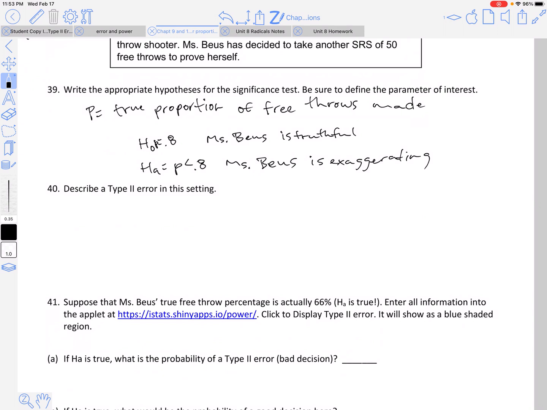Okay, so a type 2 error. Think about the type 2 error. Type 1 goes with the null. Type 2, we're going with the alternative. The alternative is true. Miss Buse is less than an 80% free throw shooter.